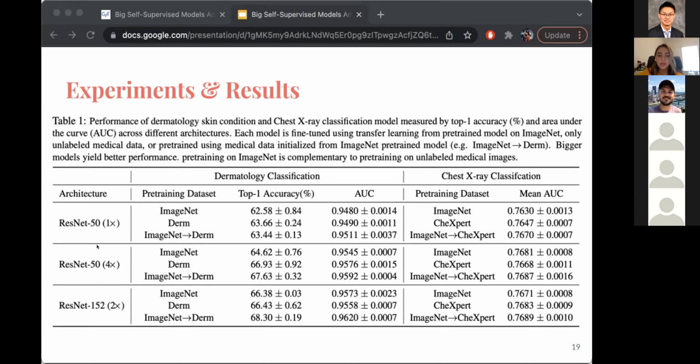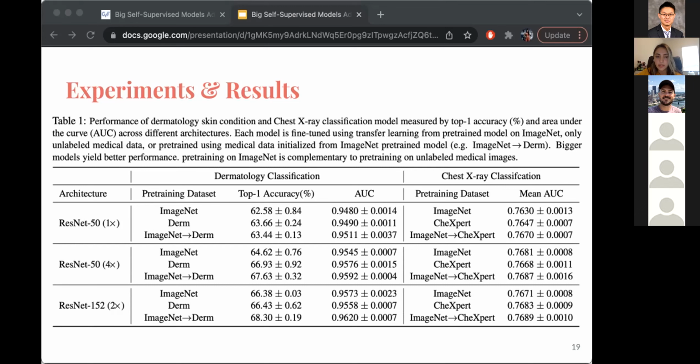So here we can see that when we use a bigger model, we see better improvements. Here for the pre-training, we're only using ImageNet. Here we're only using the dermatology data set, and here we're using ImageNet and then the dermatology data set. As we can see, it improves when we just use the dermatology data set.